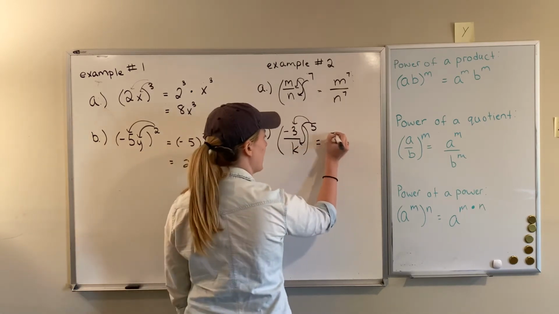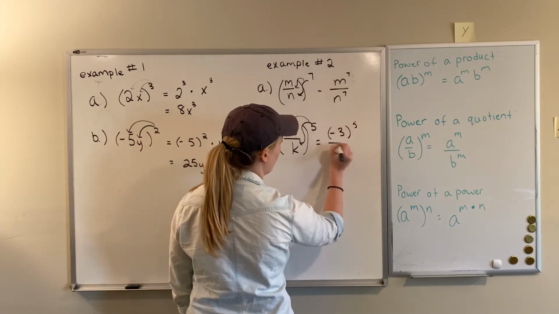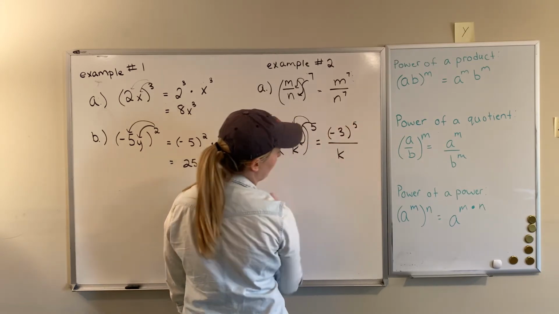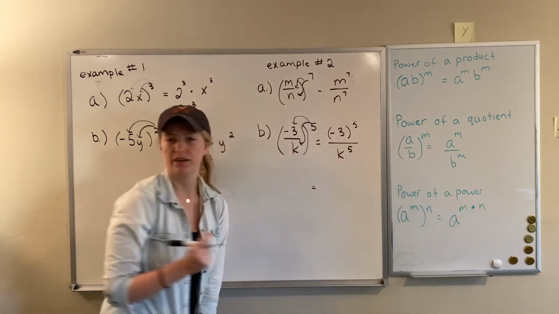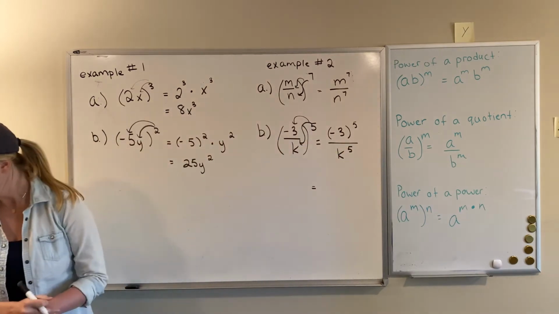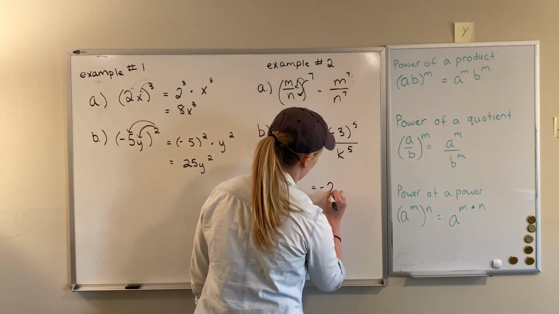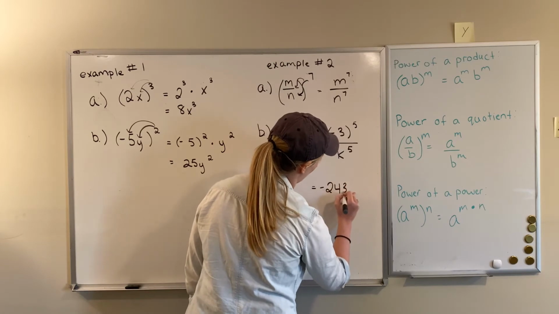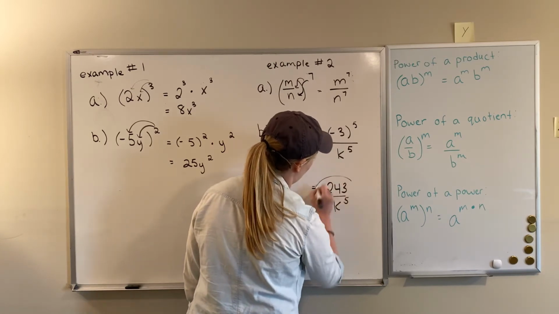So now we have negative 3 raised to the 5th over k to the 5th. You can use a calculator to do negative 3 to the 5th, that's okay. And when you do, you're going to get negative 243 over k to the 5th, and that's your final answer.